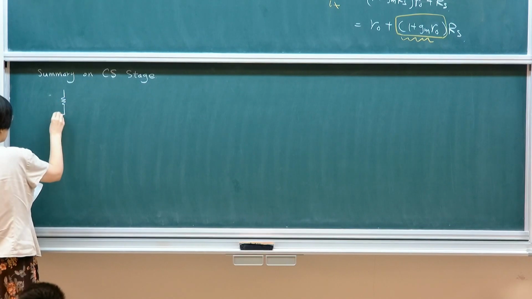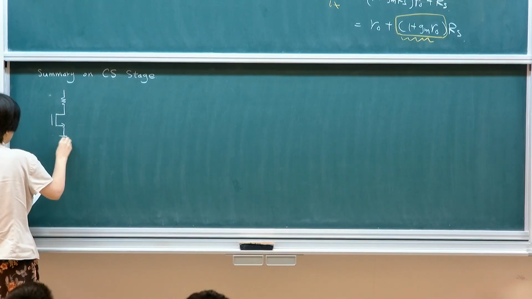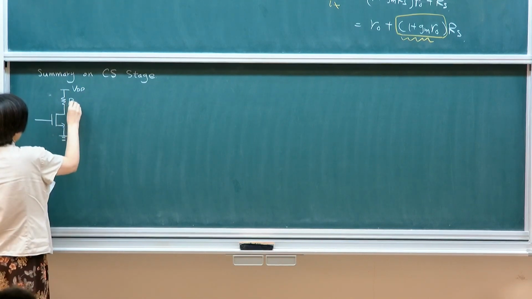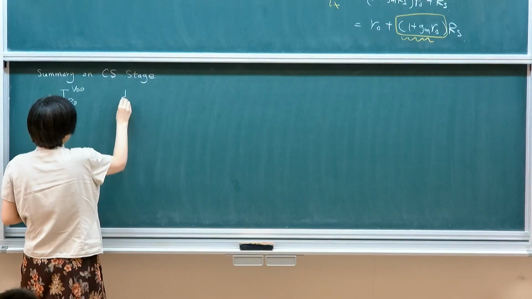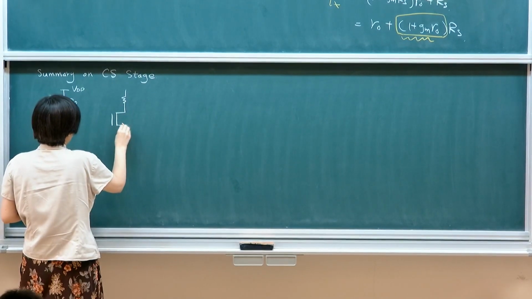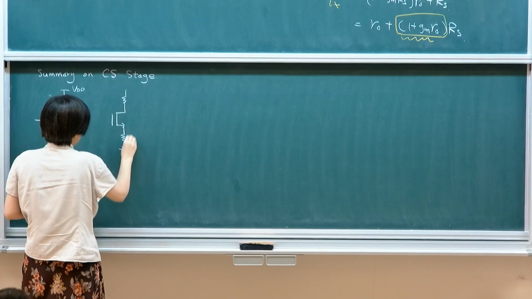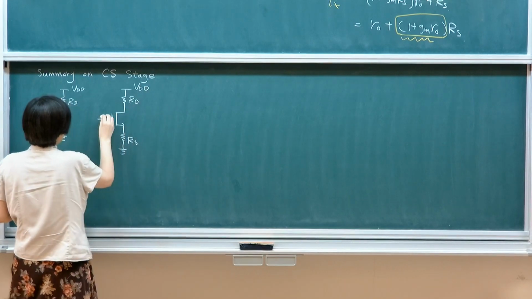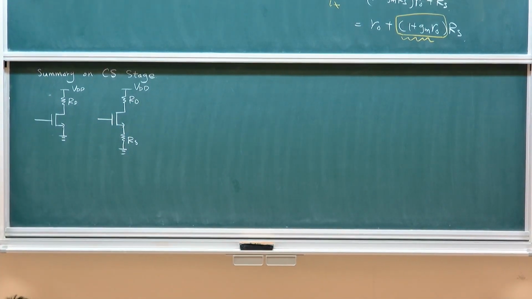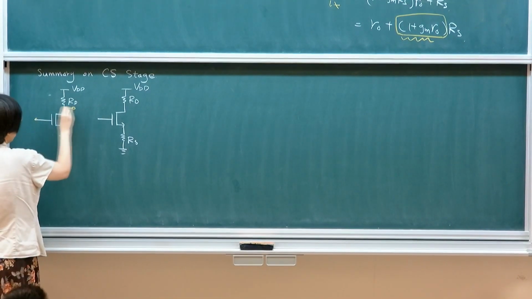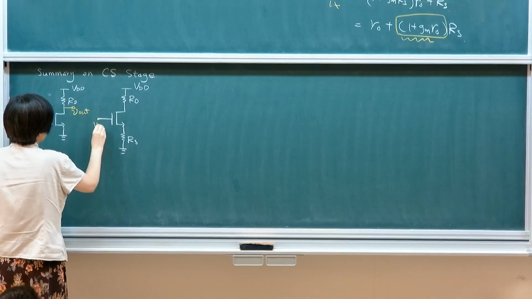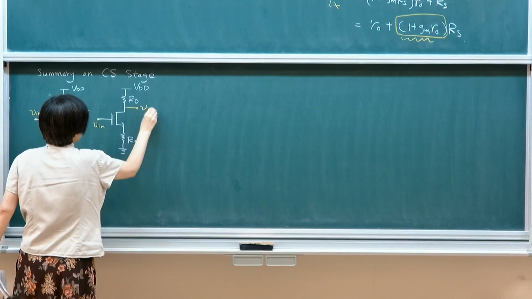One is this, with RD, and then there's this, with RS and RD. Okay, we basically discussed these two types of structure. So this is the simple type. This is Vin and Vout.